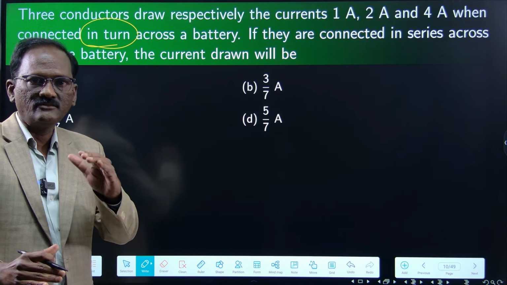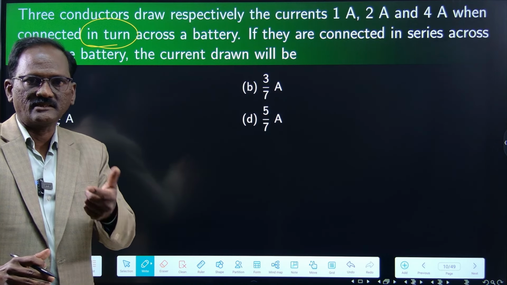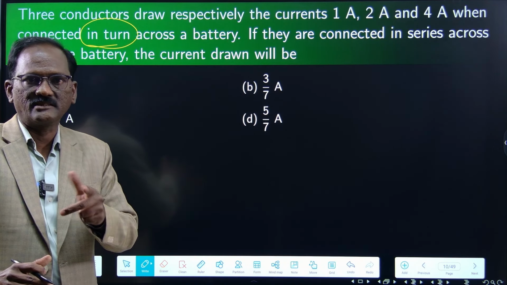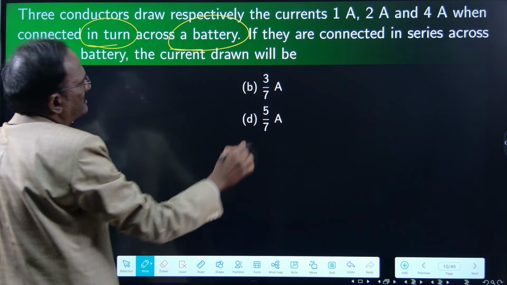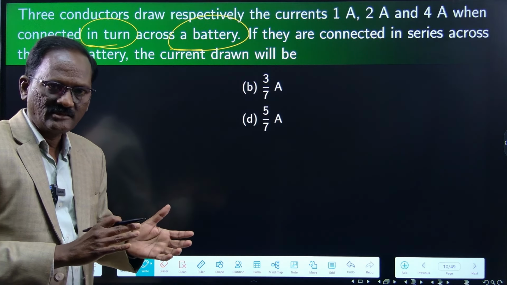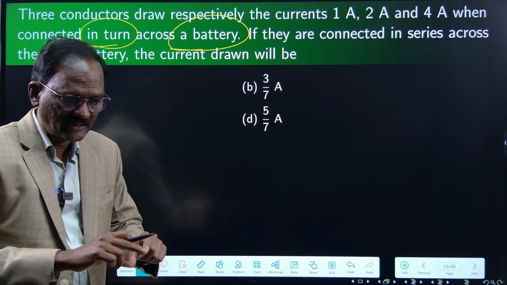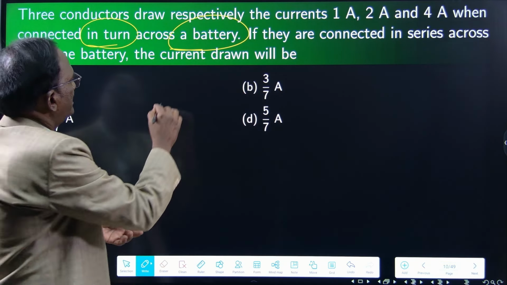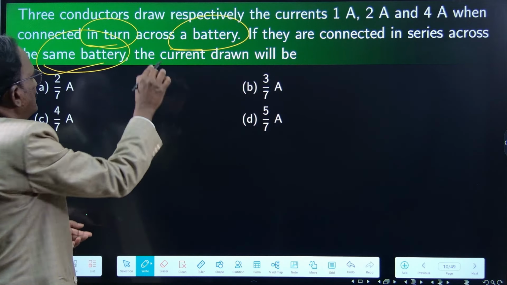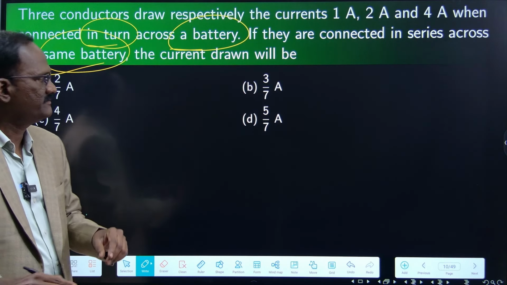First we connect one conductor and measure the current, then the second conductor, then the third, with the same battery. Current values are measured. Then all 3 conductors are connected in series across the same battery. The current drawn will be what?